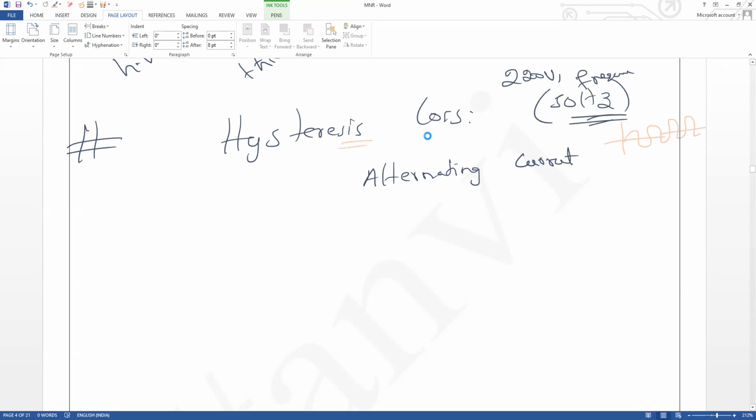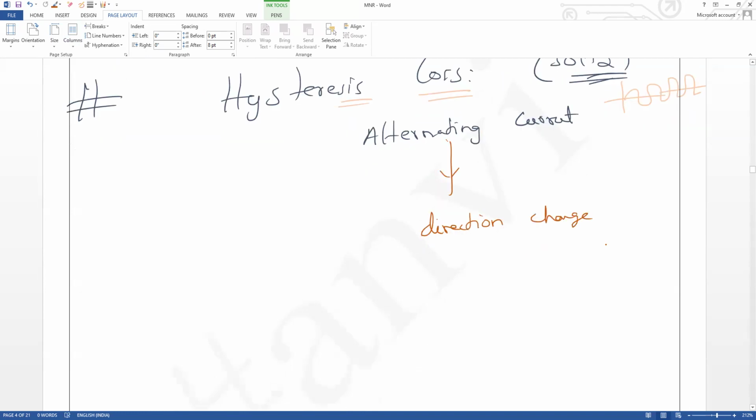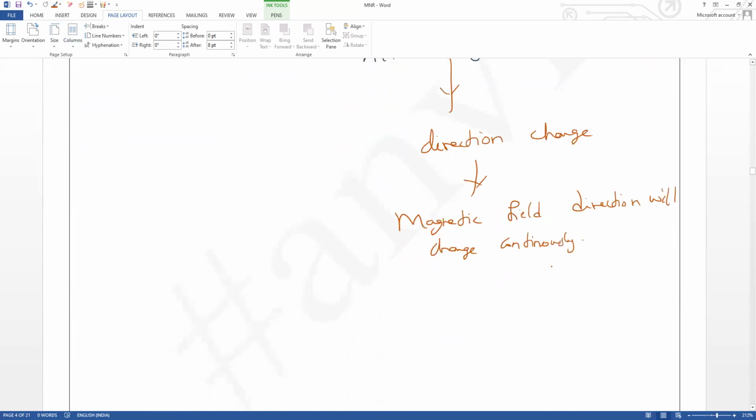So hysteresis laws. At least have you heard that word? Alternating current means the direction keeps on changing. So when the direction of current changes, the direction of the magnetic field also changes continuously.